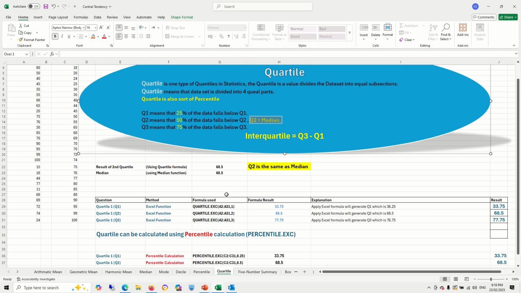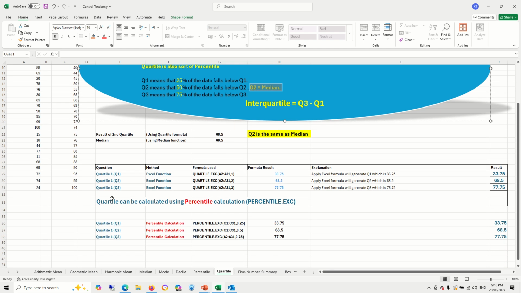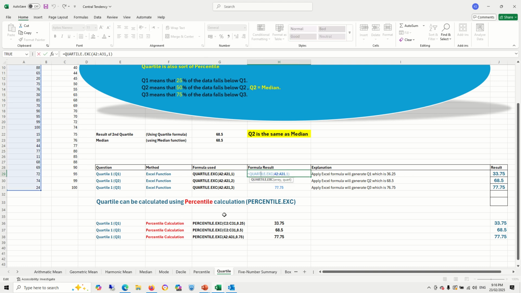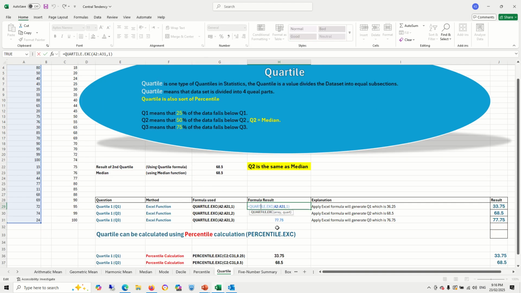So let us now look at this example. What is the first quartile? In Excel function, we have 2 calculations actually to get the quartile. You can use QUARTILE.EXC and as you see here, highlight the whole range, comma.